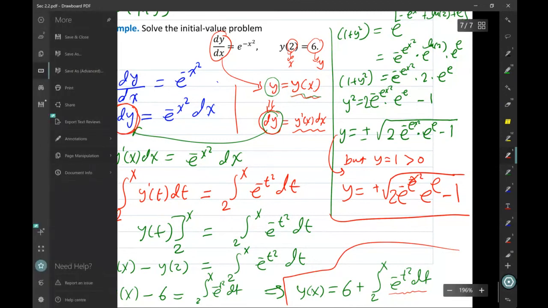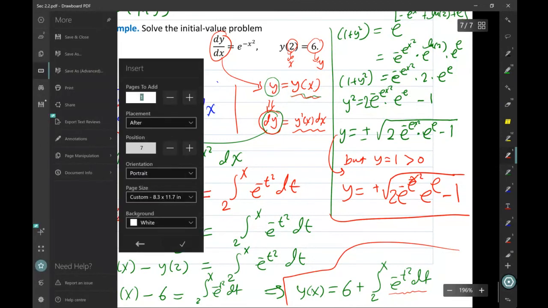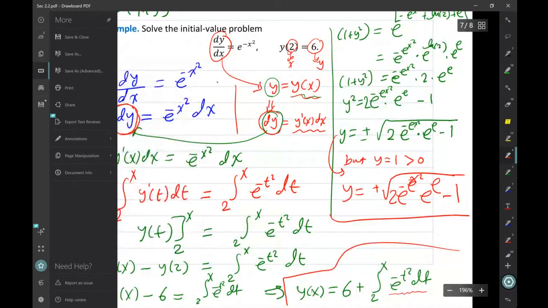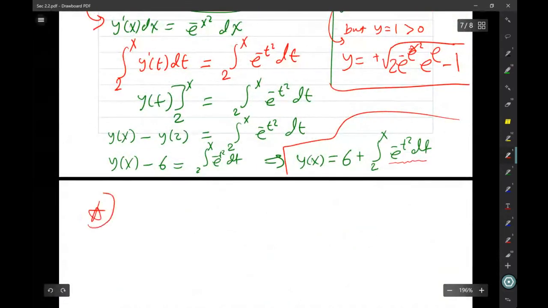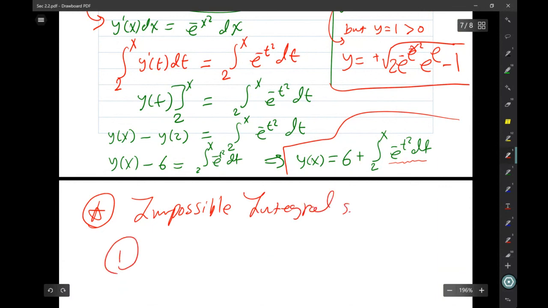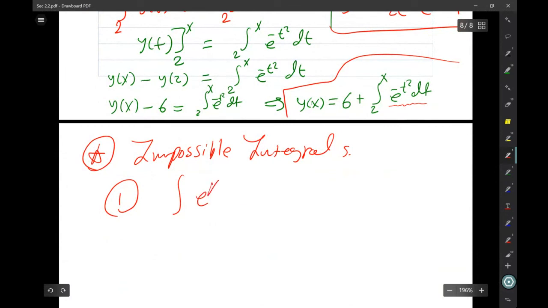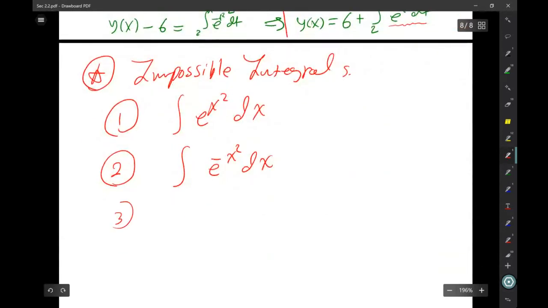Now just to add one page here, just to confirm something. The impossible integrals: number 1, the integral of e to the power x squared dx. Number 2, e to the minus x squared dx. Number 3, the integral of sine x squared.